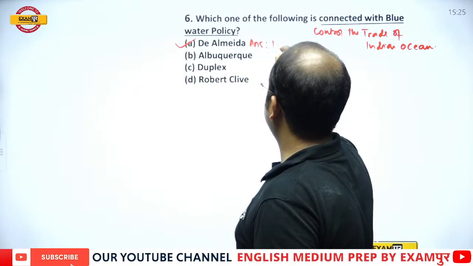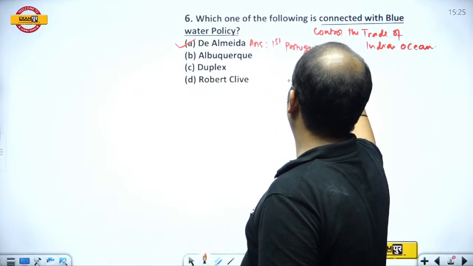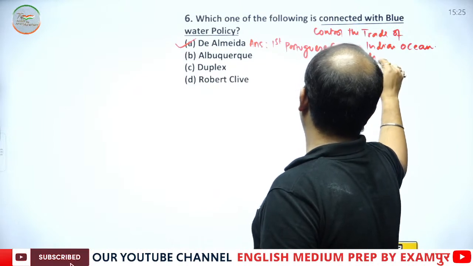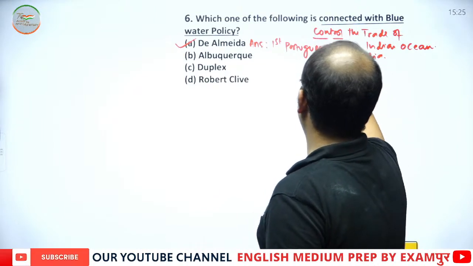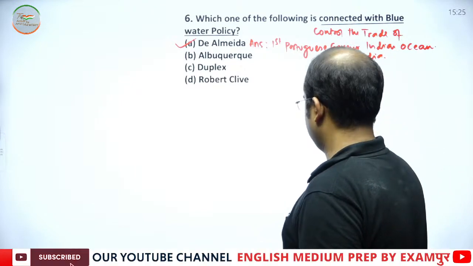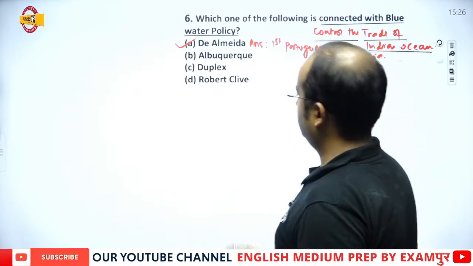And Almeida was the first Portuguese governor in India. So the policy was to control the trade of the Indian Ocean, and ocean water is always blue.